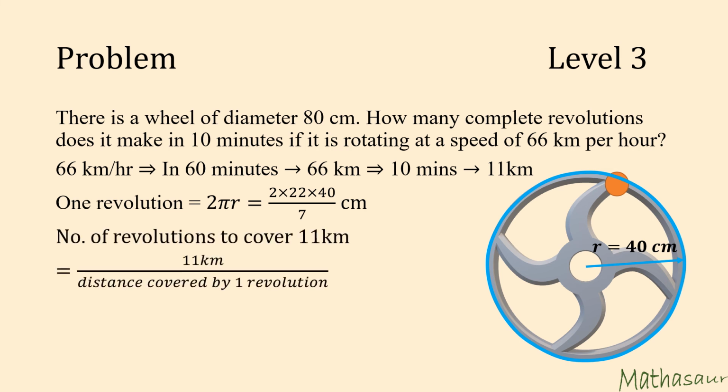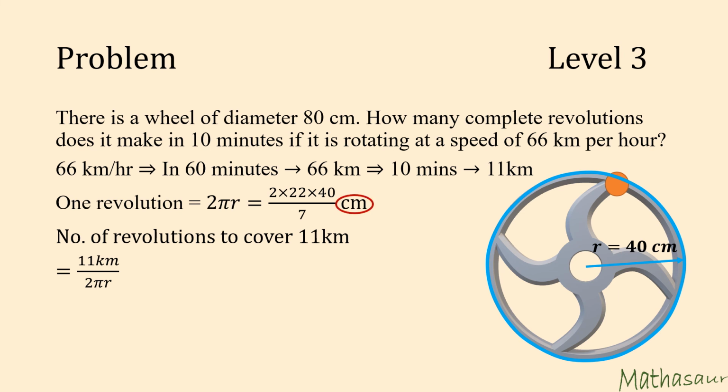Now the number of revolutions to cover 11 kilometers would be equal to 11 kilometers divided by the distance covered by one revolution. So we have 11 divided by 2 pi r. But we are finding 2 pi r in centimeters.